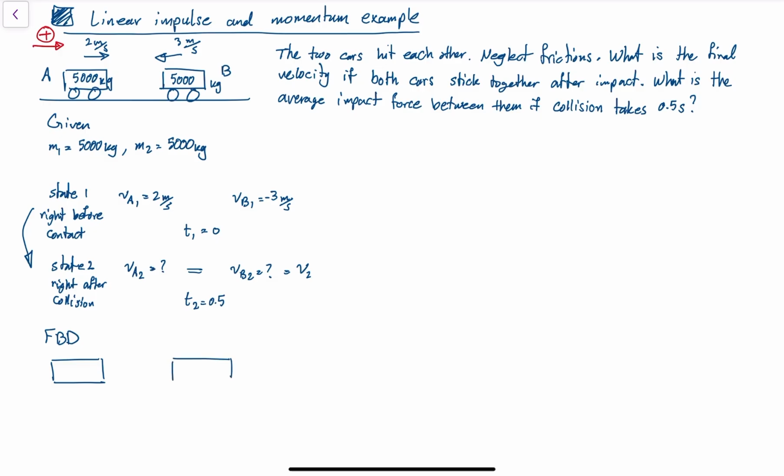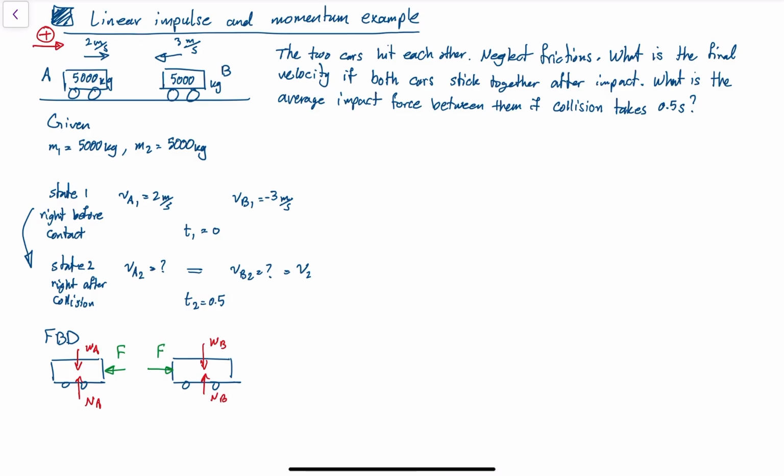So I have two cars. Both of them have some weight and some normal force. WA, NA, WB, NB. There is also some, let's draw it the other way, some collision force between them.